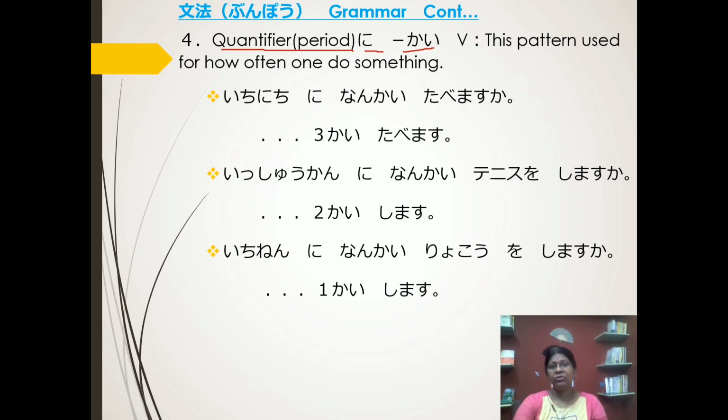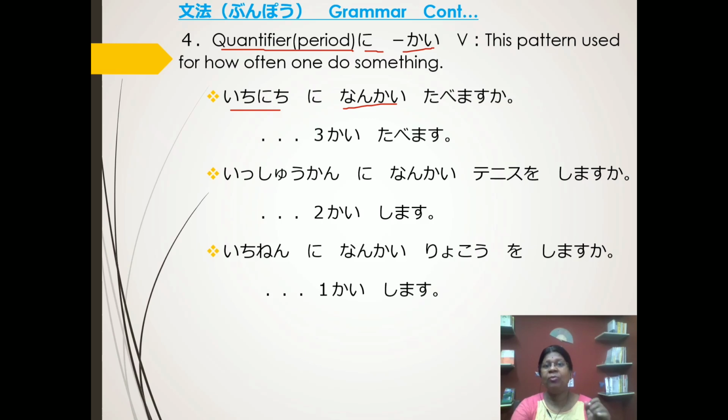Let's learn how to make sentences with a quantifier period. 1日に何回食べますか?Quantifier period is 1日, the whole day.